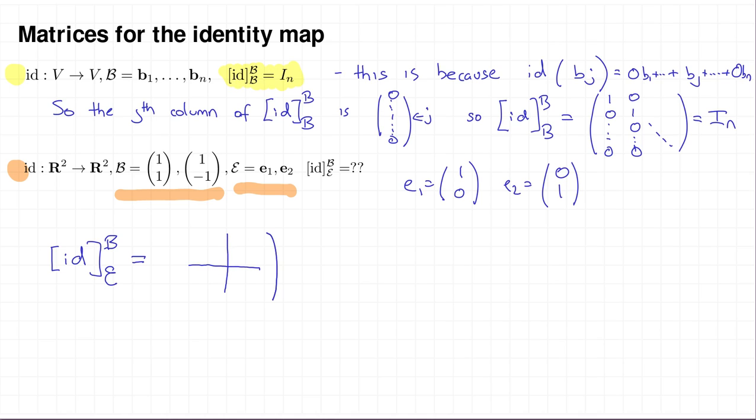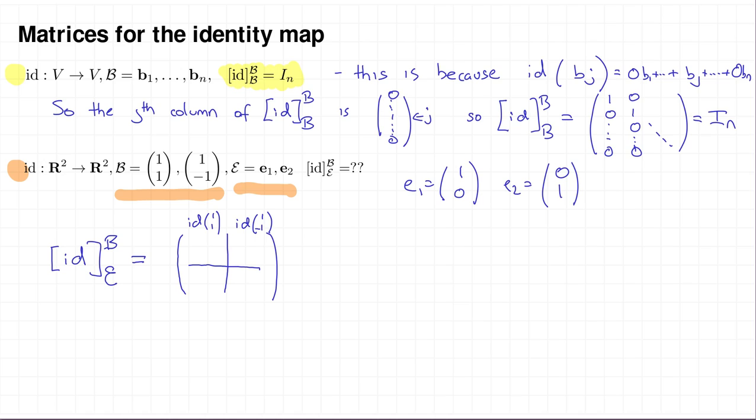I'm going to draw it extra large like this. The columns will be labelled by applying our linear map, which in this case is the identity, to the basis elements for the domain. So our initial basis, in other words. The initial basis is (1, 1) and (1, -1). The rows will be labelled by the elements of the final basis.